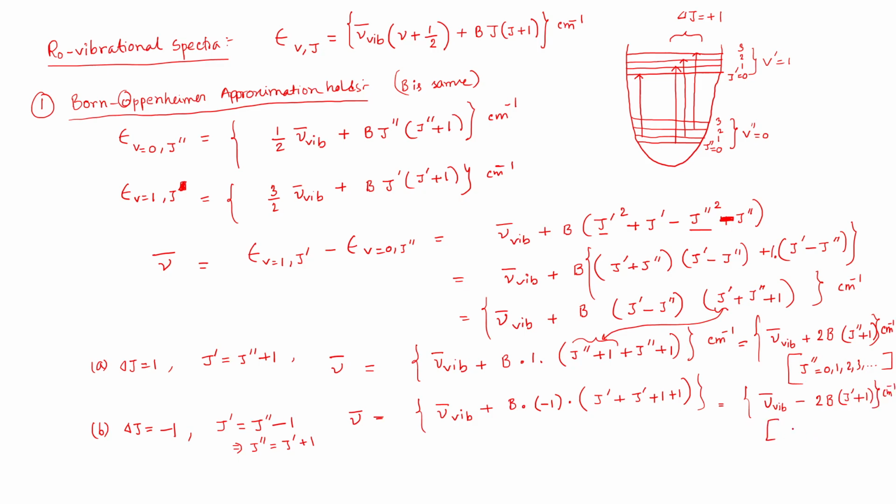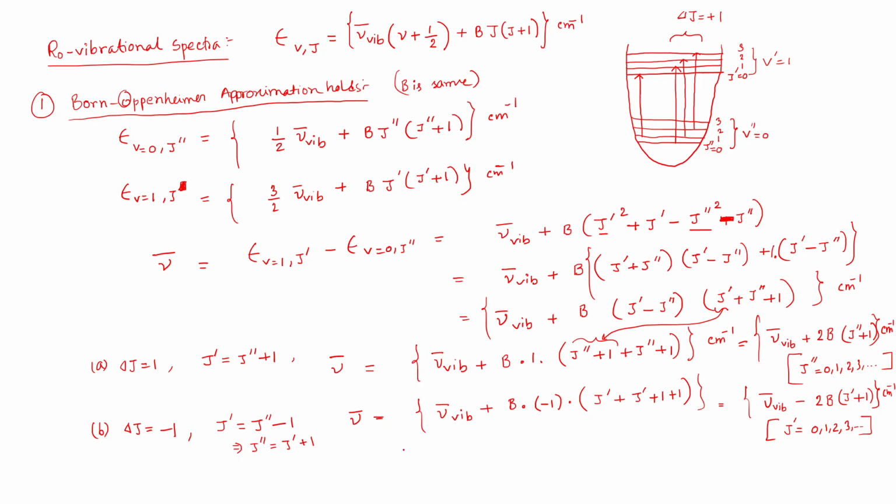Now here your J prime can grow from, as you can see, 0, 1, 2, 3, whatever. But your J double prime can't be 0. As you can see, if your J prime is 0, then your J double prime should start from 1, right? That I think you have now understood.